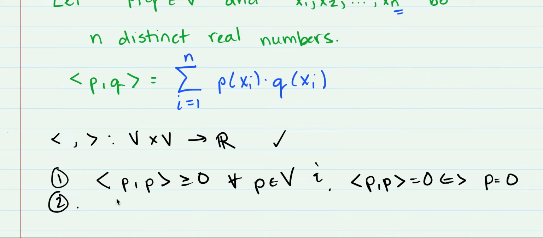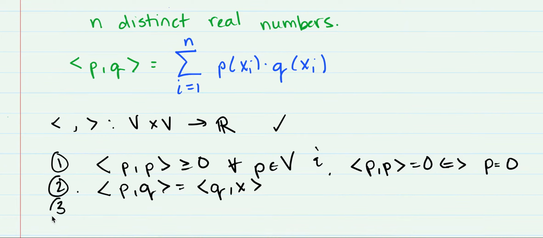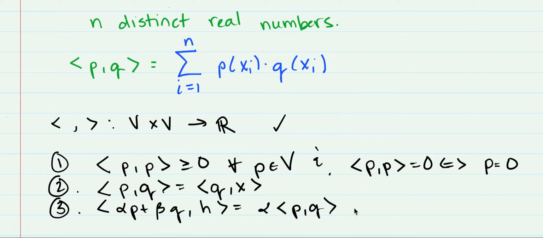The second thing we need to check is that for any p and q, not just those two p and q I wrote earlier, but for any polynomials, the inner product is symmetric. And then the last thing you want to check is that the inner product is linear.